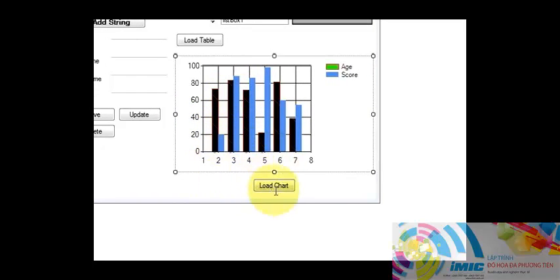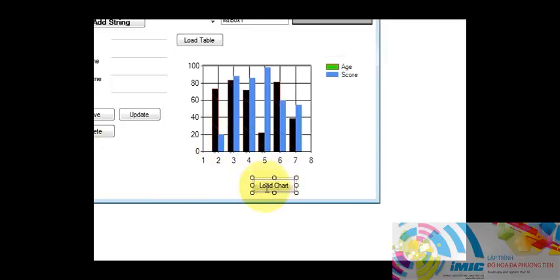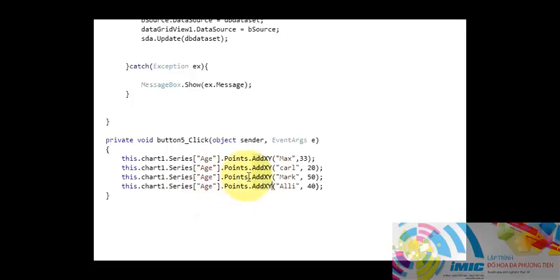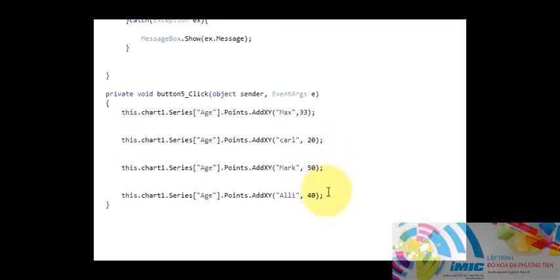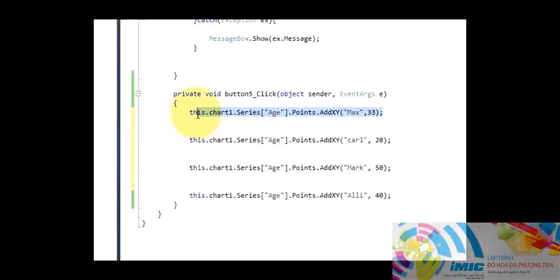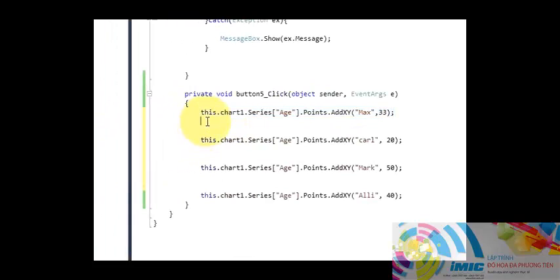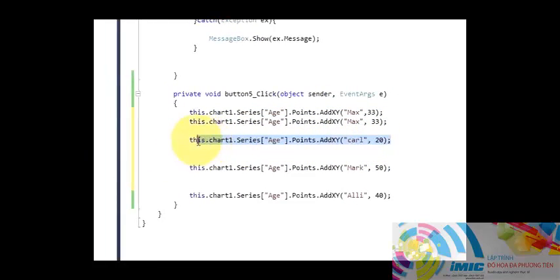And the code for it, just go to the button click event, and here we will make some spaces, one more, and just copy the same code here and paste it just below that.